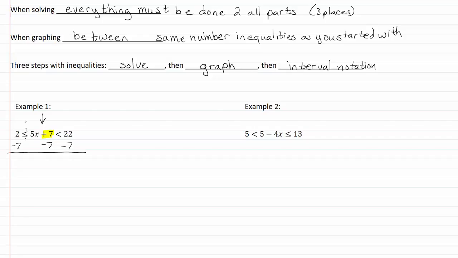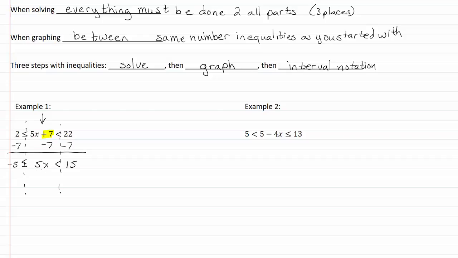I've got my inequalities. I'm going to just draw a dotted line down here to signify those. I have to keep those. So now I've got negative 5 less than or equal to 5x, which is less than 22 minus 7, which would give me 15.